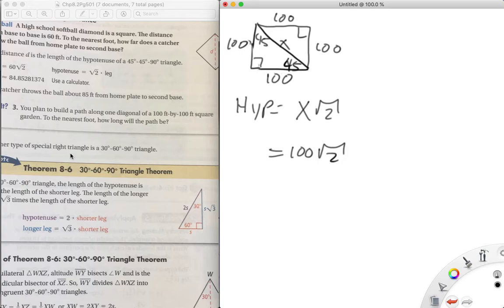So this is going to be 100 times the square root of 2. And that gives me 141.42. And they asked for the nearest tenth. I always do it to the nearest hundredth, but this is going to be in feet. That's the diagonal.